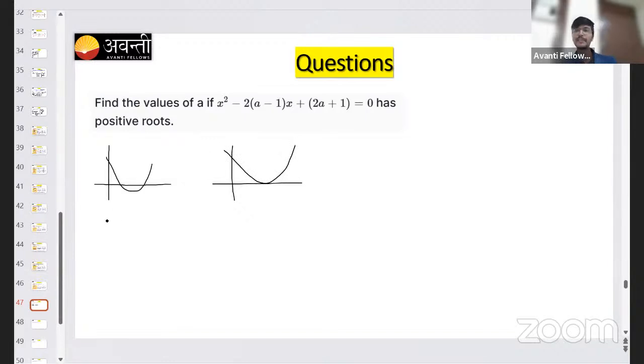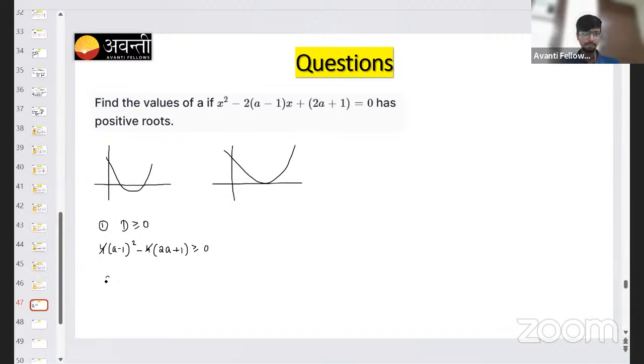सो कंडीशन किस पे होती है? डिस्क्रिमिनेंट, sum of the roots, functional value. So discriminant will be greater than equals to 0. First, चलो डिस्क्रिमिनेंट निकालते हैं. b square, 4 into (a minus 1) the whole square minus 4ac, so 2a plus 1 will be greater than equals to 0. 4 and 4 will get cancelled.